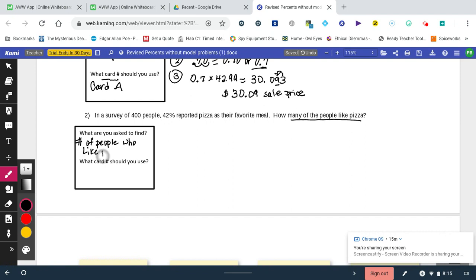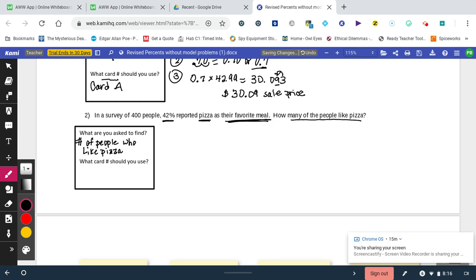And this one is easy because it tells me specifically what percent of people think pizza is their favorite meal. All right, it says 42% reported that pizza is their favorite meal.